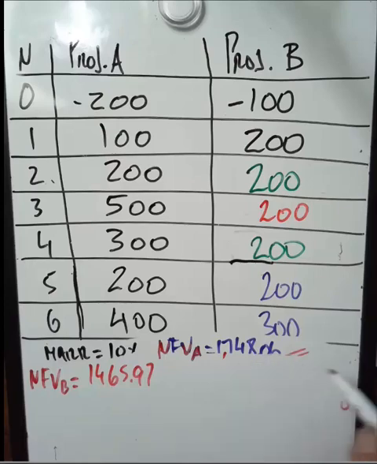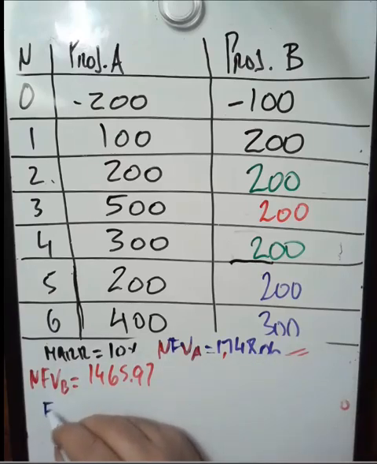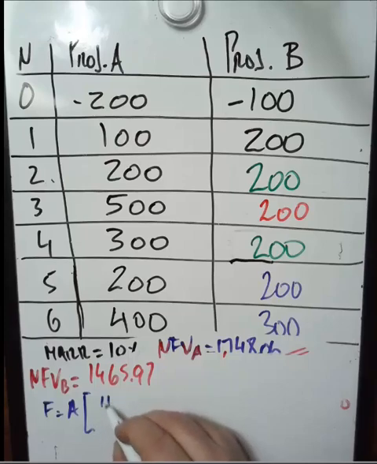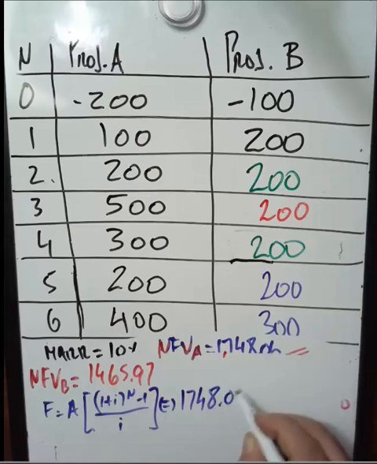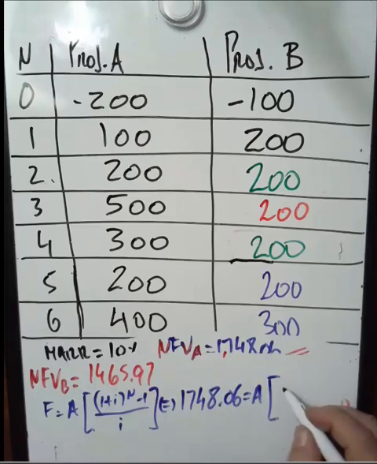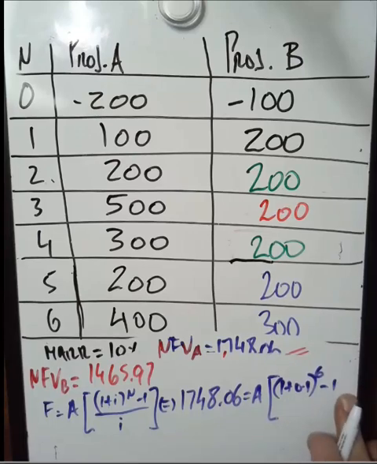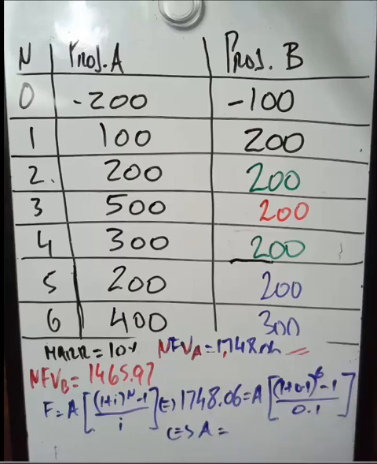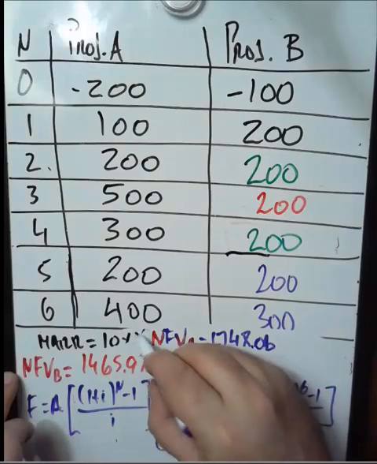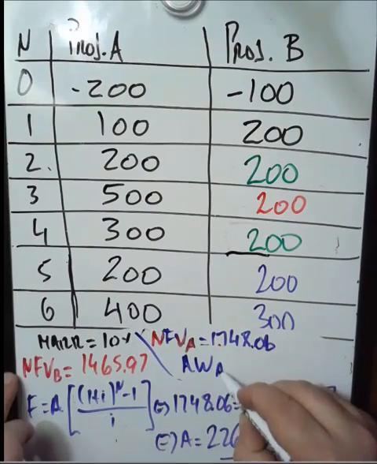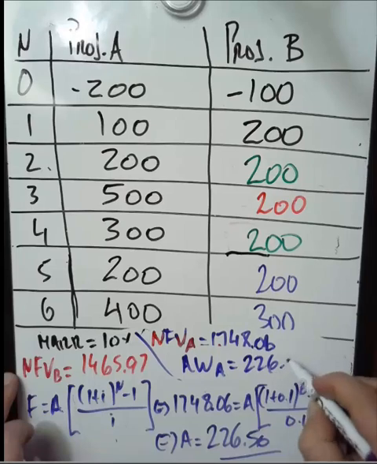So the annual worth for A, future value of an annuity formula, so this will give for A 1748.06 equal to A times (1 plus the 10% interest rate to the power of 6 minus 1) divided by 0.1. And for annuity you would get 226.56. So annual worth for project A, 226.56.